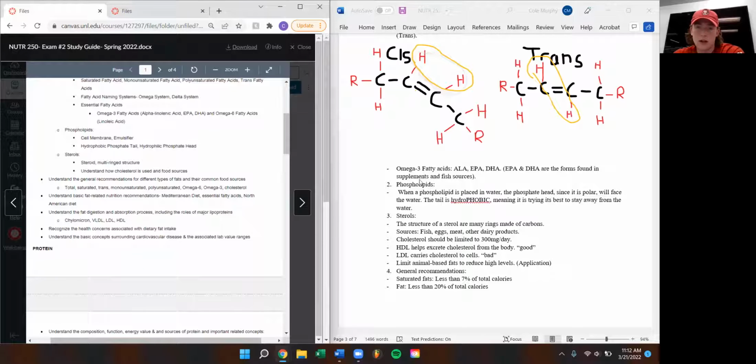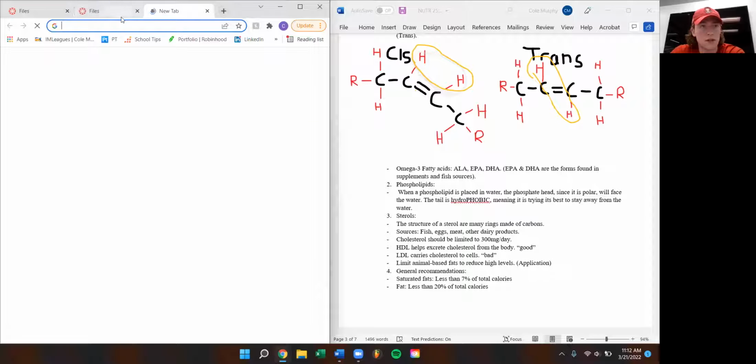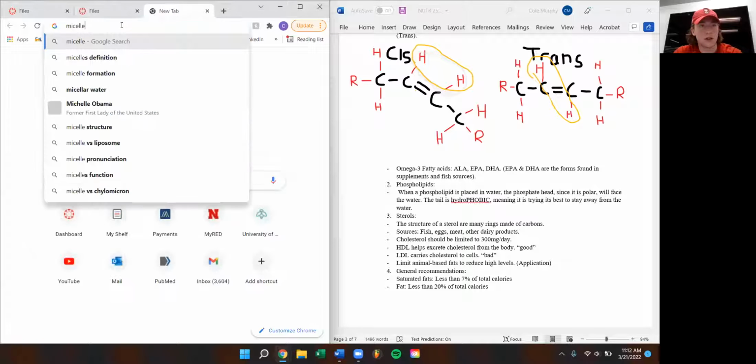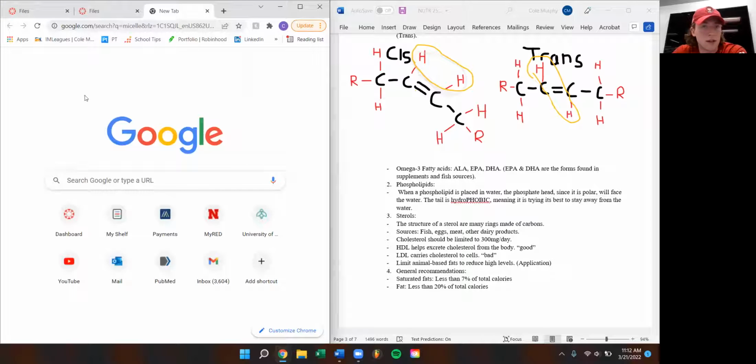So do what you can to remember that, distinguish the two. Drawing a picture can kind of help with that. I'll look that up right here. I think this is going to be a good visual to see it if it loads.